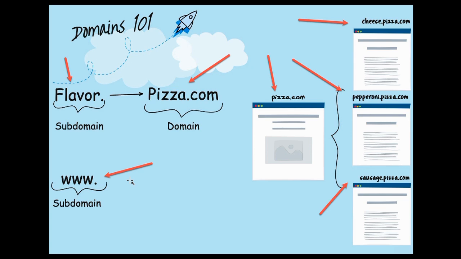So www is a subdomain, just like flavor.pizza is a subdomain. Okay, so that's how that works, right? So maybe they forced you to put www there. And he says, man, I don't want to use www.pizza.com because nobody's going to put in www. People are just going to use pizza.com. Why?